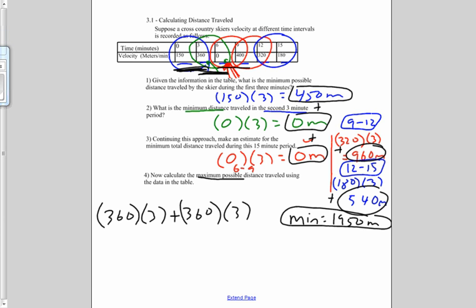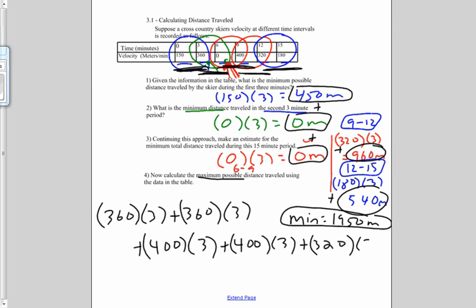From 6 to 9, I think that's 400, so plus 400 times 3. Between 9 and 12, the bigger value is 400 again, so 400 times 3. And between 12 and 15, the biggest is 320 times 3.